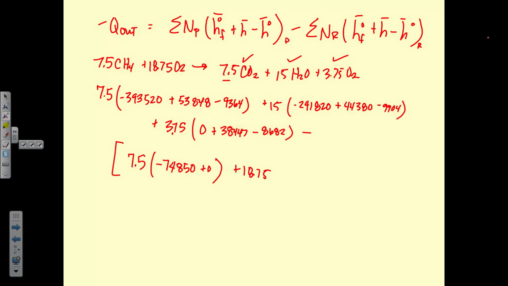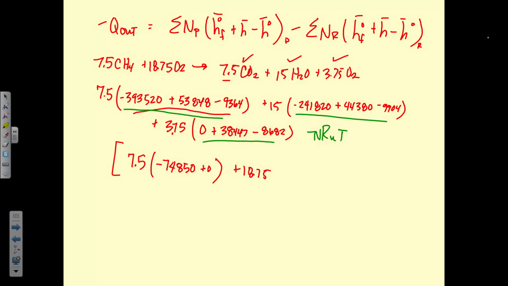sorry, this is a closed system. There are additional terms. Okay. Going back to this equation, these are just the enthalpy terms here. I got sidetracked. We also have to subtract off R_U times T for each of those.